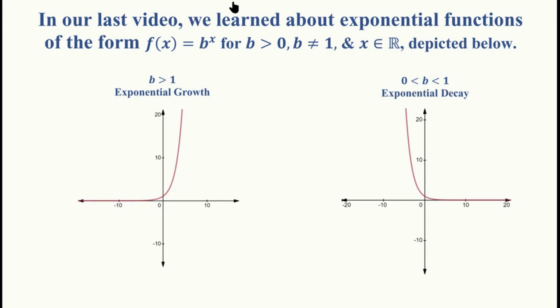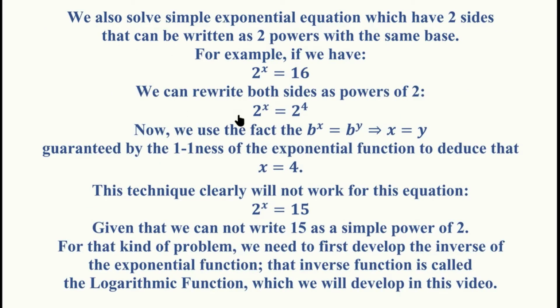We also learned to solve some simple equations like this one, where it's possible to take both sides and write them as powers with the same base, because when we can do that, then we can use the fact that the exponential function is a one-to-one function, which implies whenever the outputs are the same, the inputs must have been the same.